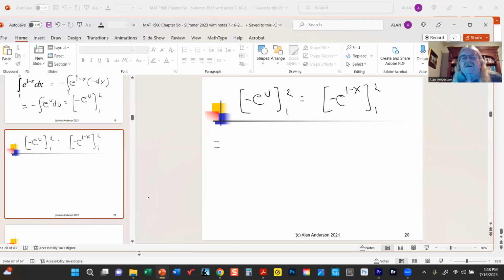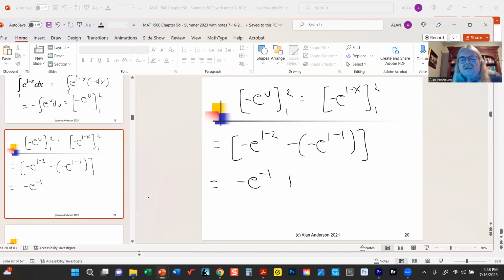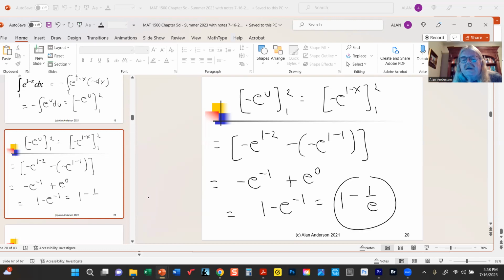Okay, so what does that give us? You've got to be so careful with those negatives. So we have minus e to the minus 1 plus e to the 0, which is just 1. So you could rewrite this as 1 minus e to the minus 1 or 1 minus 1 over e.